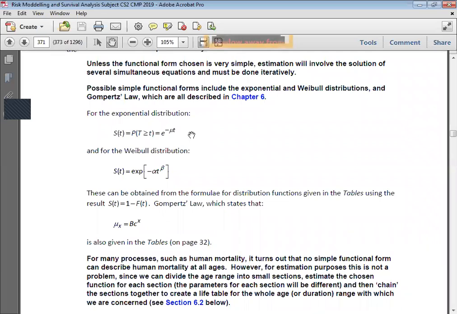But to include some variety and make the distribution a bit more versatile, we add scale and shape parameters, so the survival function looks like e raised to minus alpha t raised to beta.